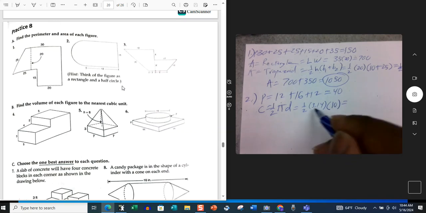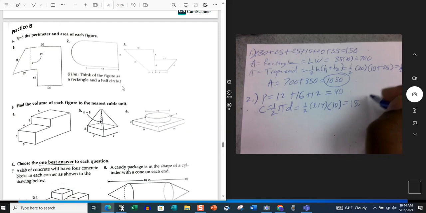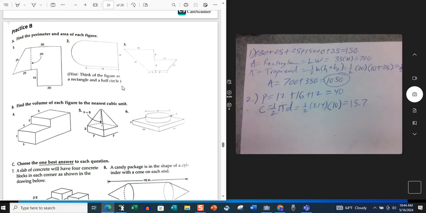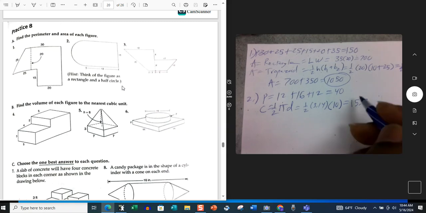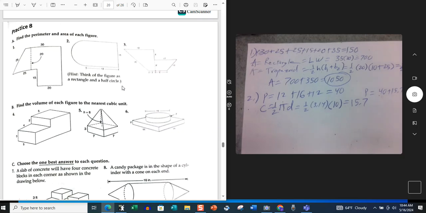And then here we have 15.7. So now we will add these two for the perimeter. So our perimeter will equal 40 plus 15.7, which is 55.7. So that will be our perimeter for that rectangle plus the half of the circle.